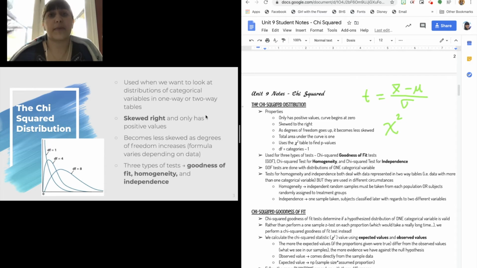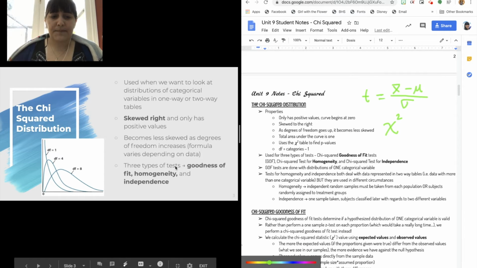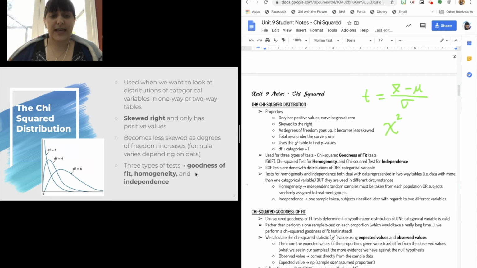Just like when we did t-tests, I told you the only time you're going to use the t-table is to figure out your critical value when you're doing confidence intervals. For the actual test, you want to use the calculator because it's much more accurate. Similar thing here.